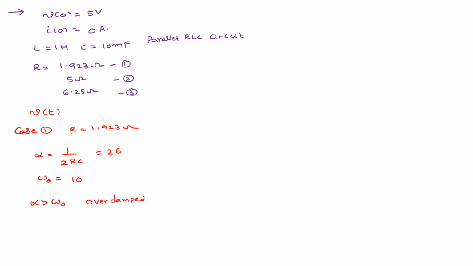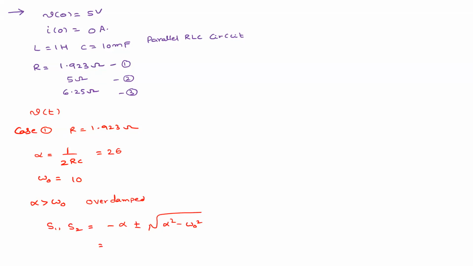What kind of solution can you expect? The next step is to calculate the S1, S2 values. S1, S2 equal minus alpha plus or minus square root of alpha square minus omega naught square.